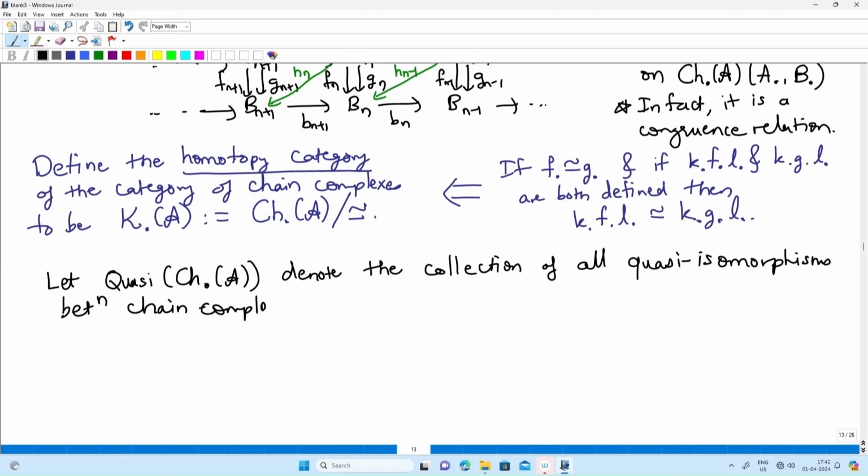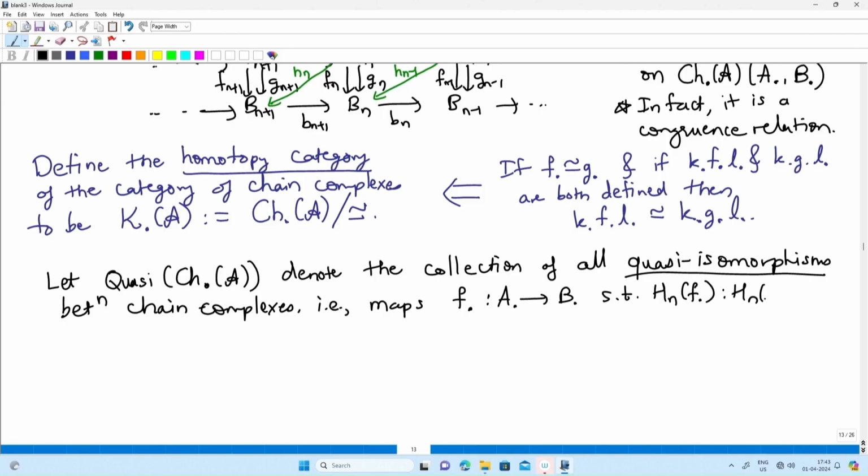I haven't defined the meaning of quasi-isomorphisms, i.e., maps f dot from A dot to B dot such that Hn of f dot, from Hn of A dot to Hn of B dot, is an isomorphism for all n in Z. So the chain maps which induce isomorphisms on homology. These maps are known as quasi-isomorphisms.